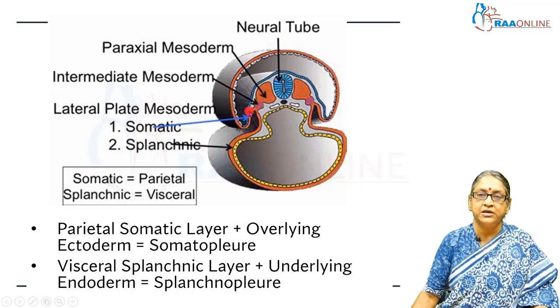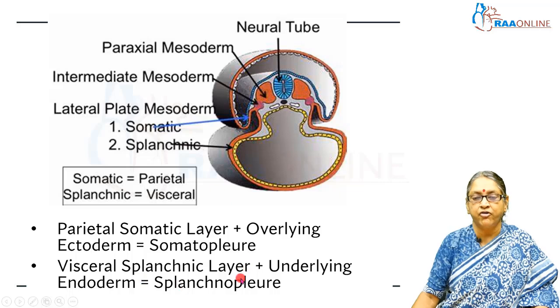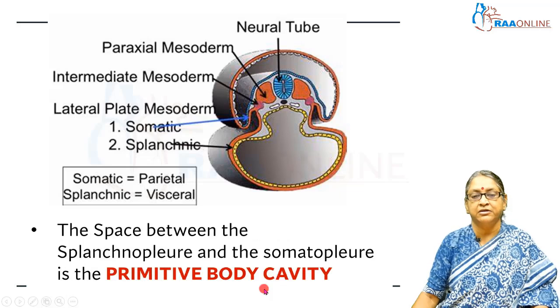Fine. The somatic layer, which is also called the parietal layer, with the overlying ectoderm, the blue layer there, these two together become what is called the somatopleure. And the splanchnic layer, along with the underlying endoderm, would now become the splanchnopleure.